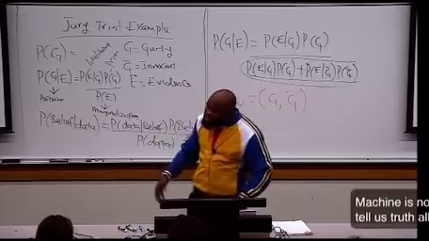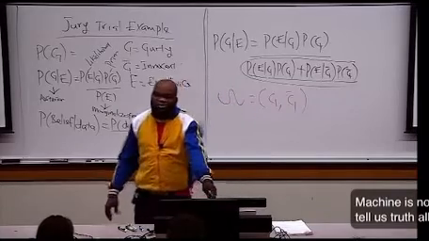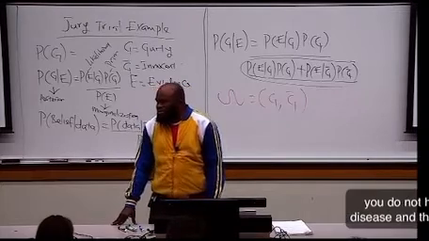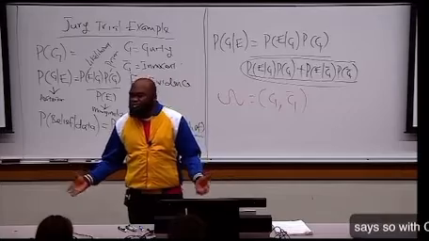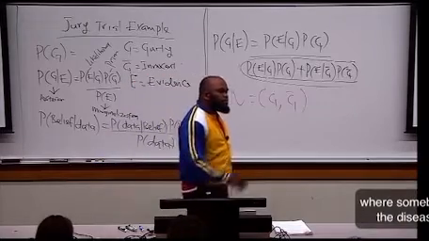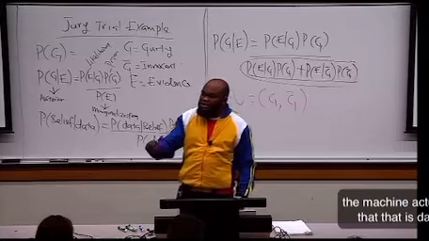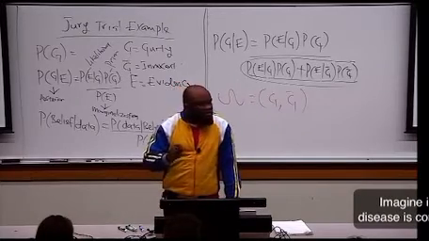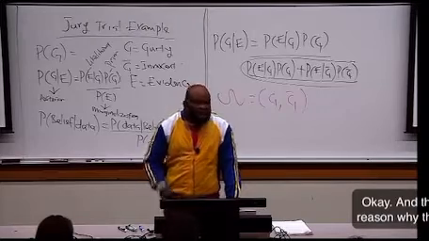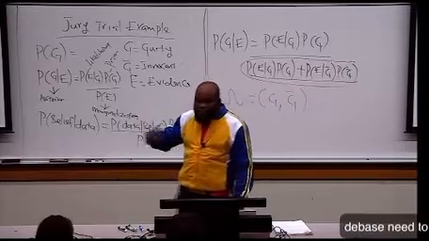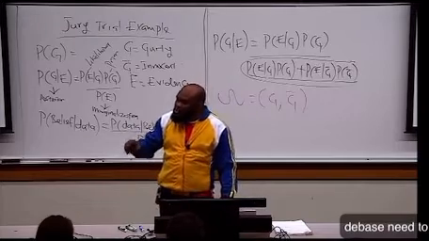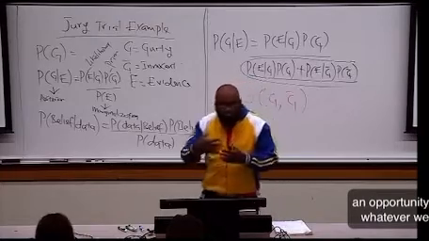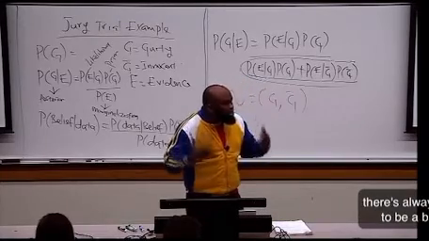The machine is not going to tell us the truth all the time. We see situations where somebody does not have the disease and the machine says so. And we see situations where somebody has the disease, but the machine actually missed it. That is dangerous. Imagine if that disease is contagious. That is the reason why the idea of Bayes needs to be applied, because it gives us an opportunity to update whatever we believe. There's always going to be a belief.